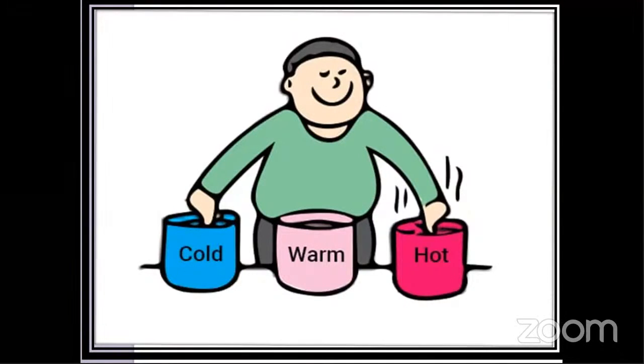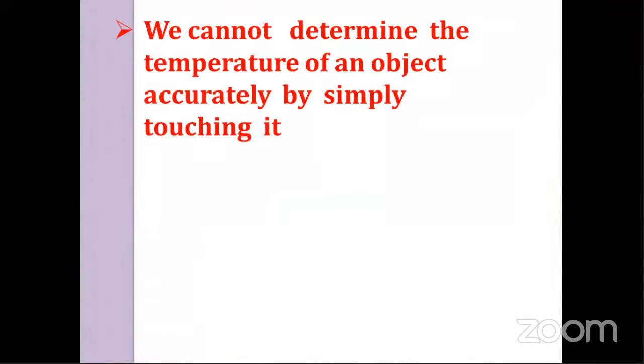You must have understood from the above activity that we cannot determine the temperature of any object accurately by simply touching it. Okay, students, this is an experiment for hot, cold, and warm water. But every time we cannot measure the temperature of an object by simply touching it, because it may hurt us.